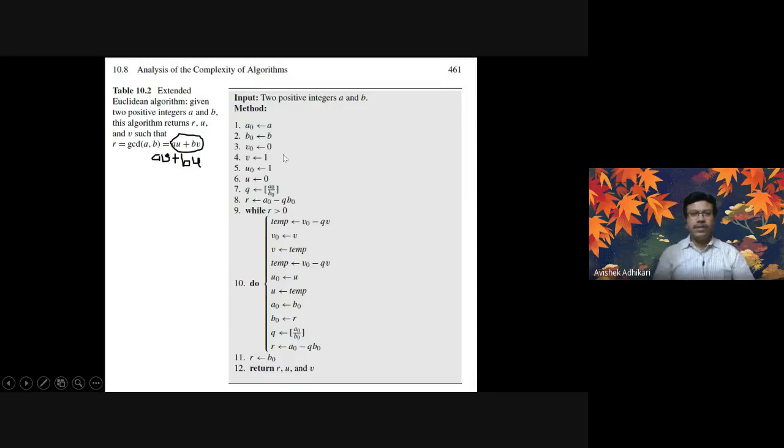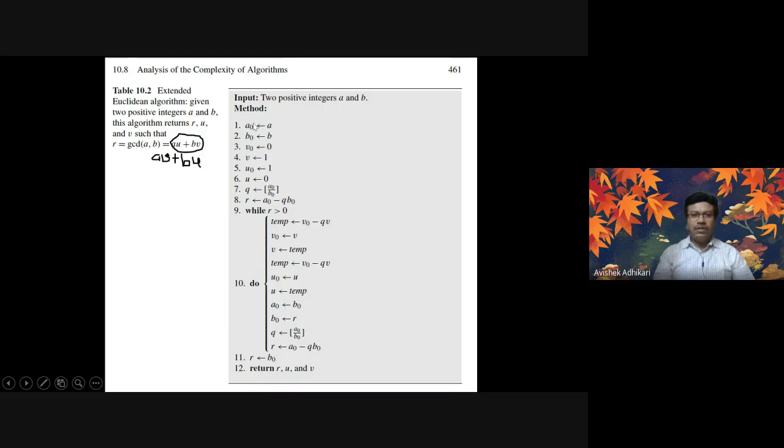For example, have a look at this. This is from my book, Basic Modern Algebra with Applications. On page 461 there is a table 10.2. There you will have the extended Euclid algorithm, and just one typo is there. It says AU plus BV; it should be AV plus BU, so U and V are just interchanged. And you can see that you will not need too many variables.